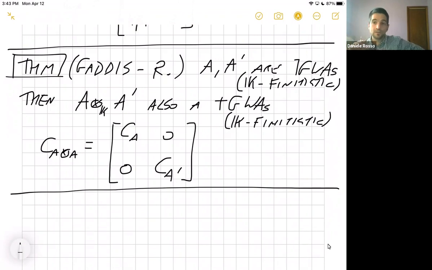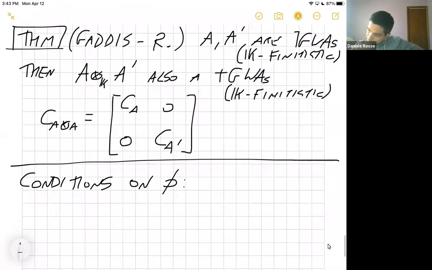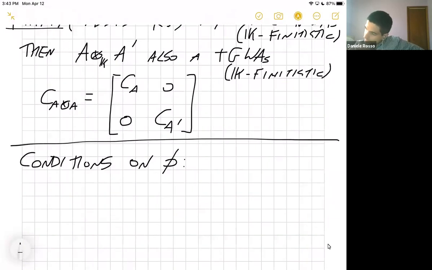So I need some conditions on the automorphism phi that I'm working with. Basically, what we call diagonal automorphisms.